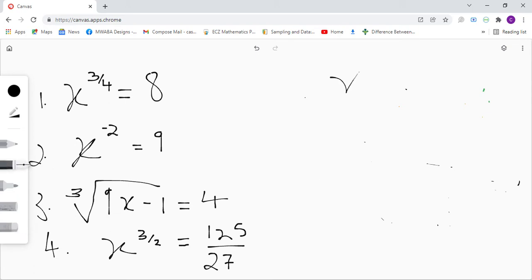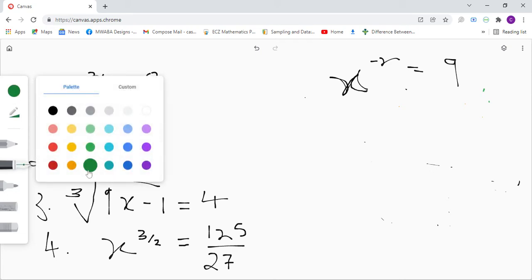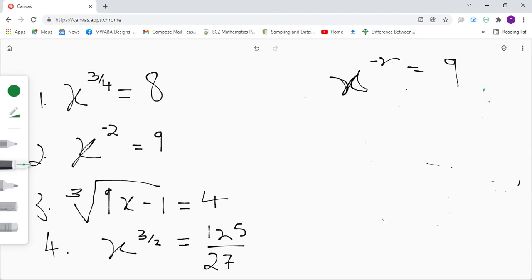All right, so we have x to the power negative 2 equals 9. So as I said again, we have to get rid of the exponent for x so as to find its value, right? So the way we can get rid of negative 2 is we can multiply it by its reciprocal, which is negative half.